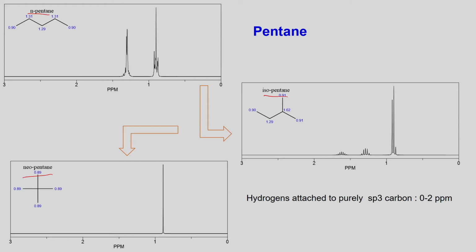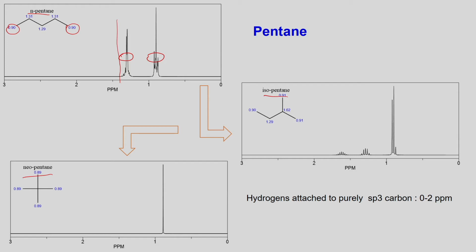Let us see what the overall peaks are here. They lie in a close range of 1.5. The terminal hydrogen atoms, the terminal methyl groups, are shielded to a larger extent as compared to the hydrogens on the carbon atoms in the chain. So, these are due to the terminal hydrogen atoms and these are due to the carbon chain hydrogen atoms.